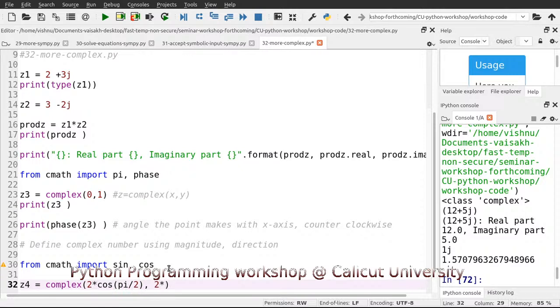2 cos, 2 sin of pi by 2, or even make it simpler, pi by 2 here, so that you can use cos t, sin t.